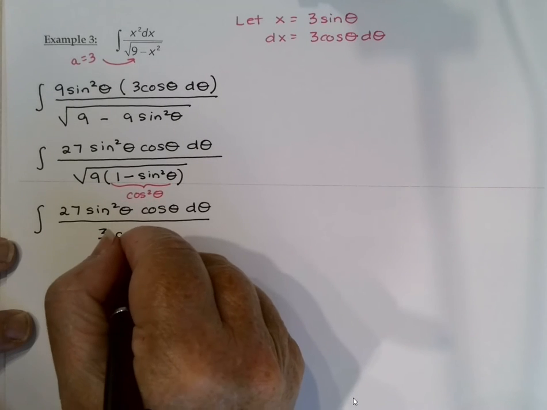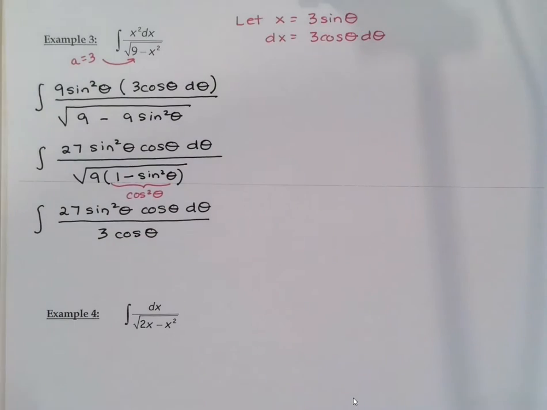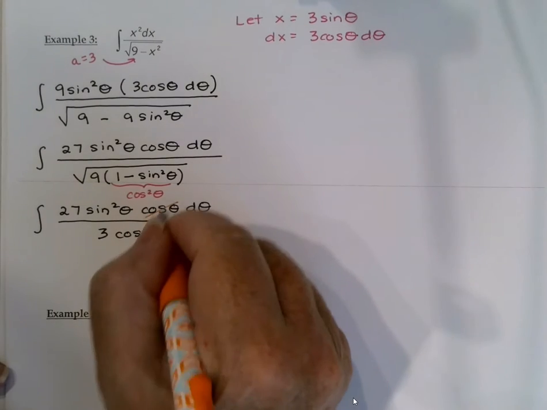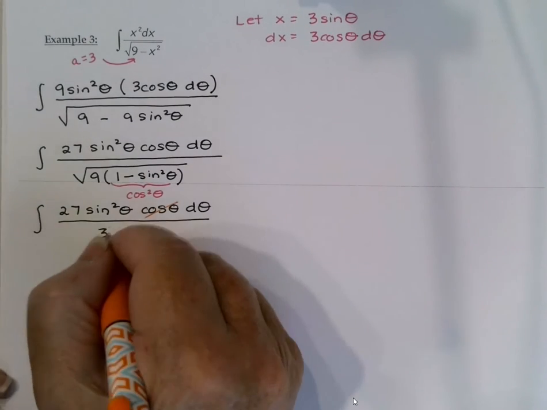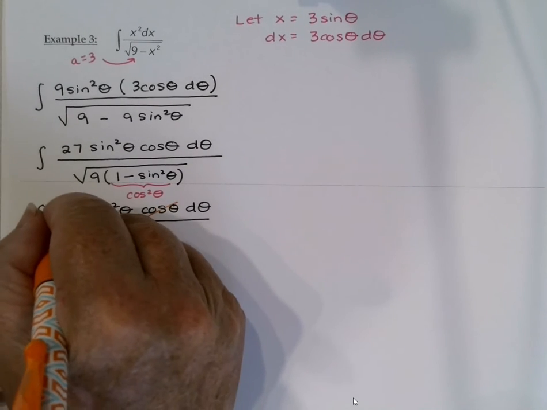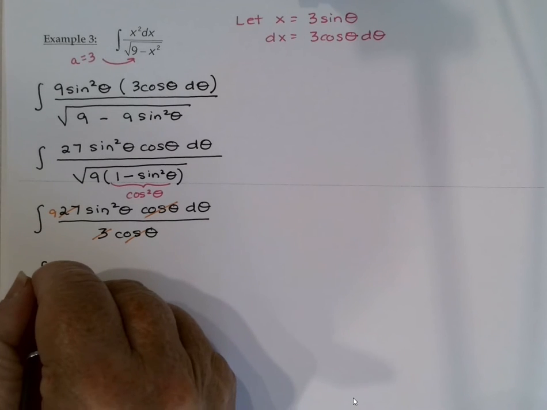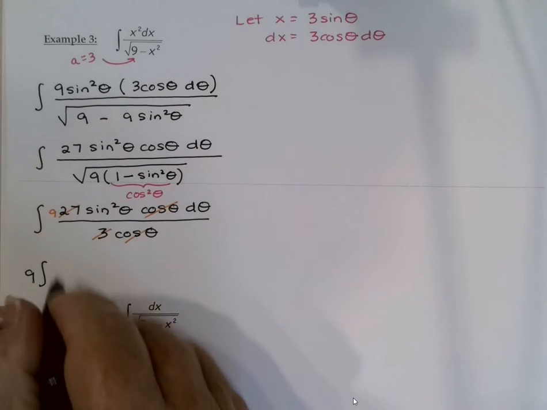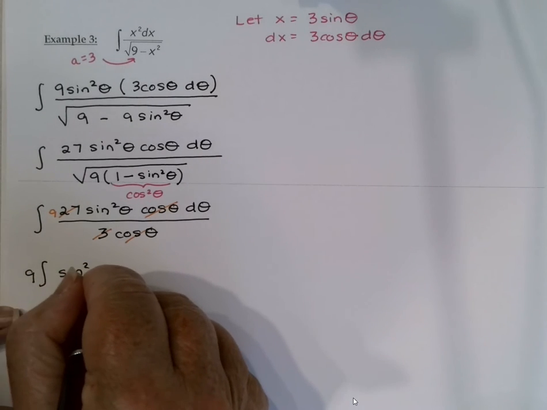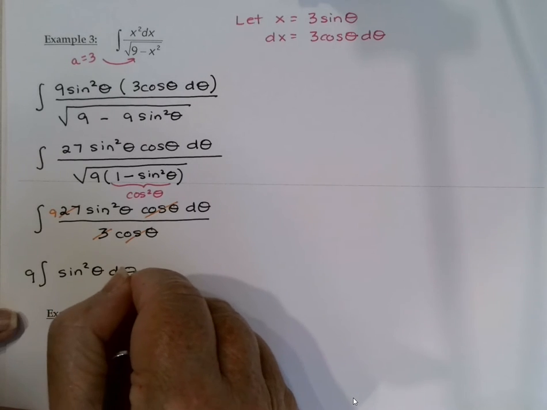Square root of cos squared theta is cos theta. And it looks like I can just divide out the cosine thetas. And 3 goes into 27 9 times. So I end up with the integral of, I'm going to pull the 9 out, and then I've just got sine squared theta d theta.